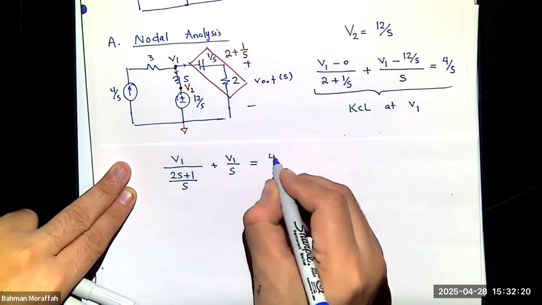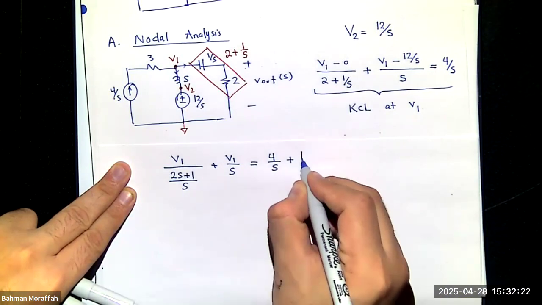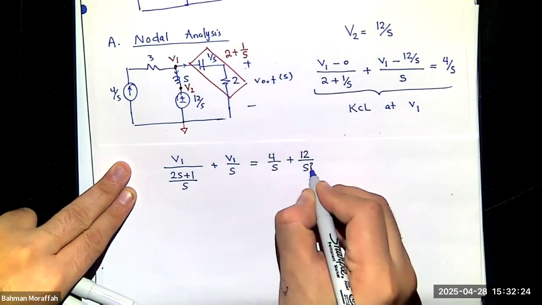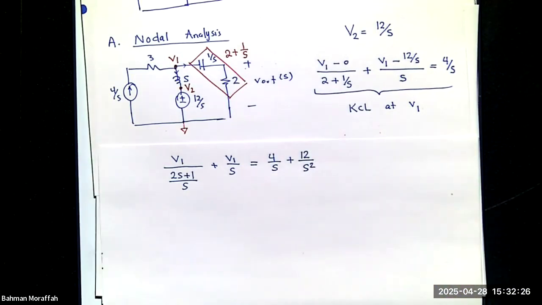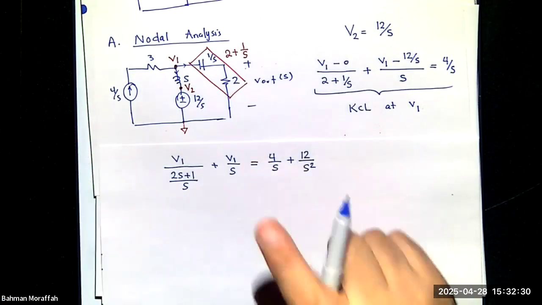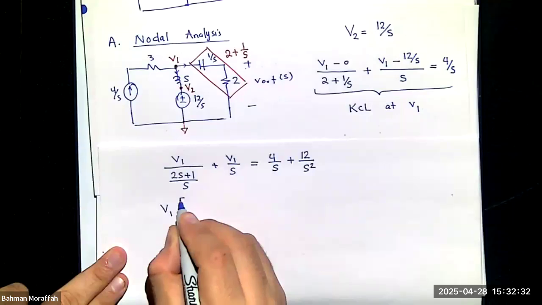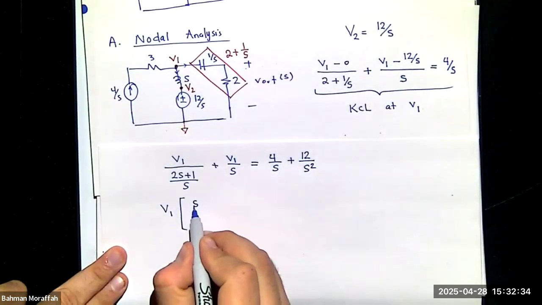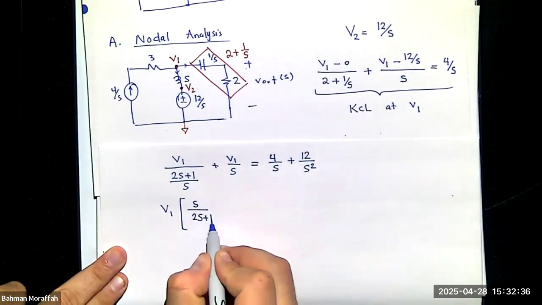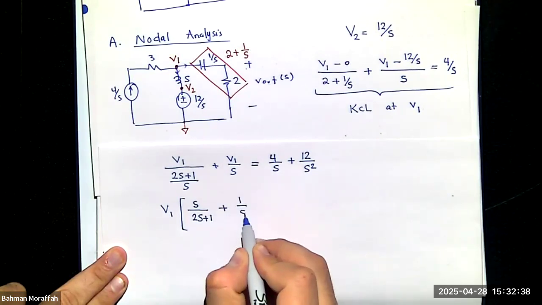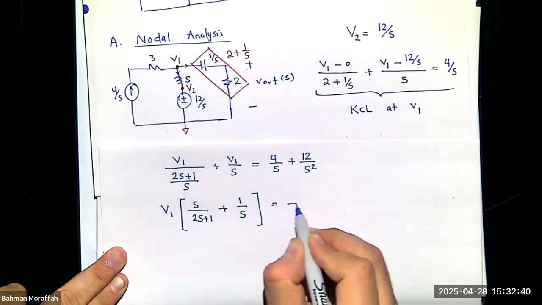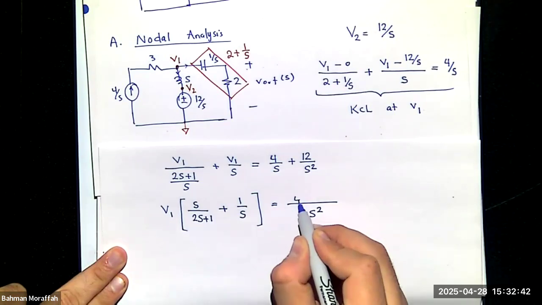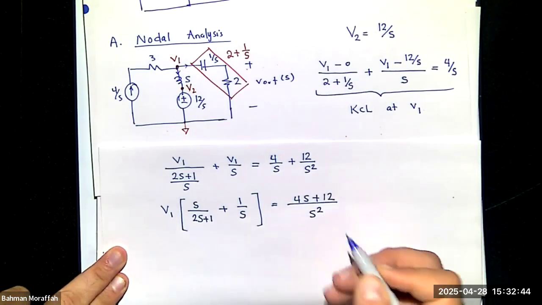So it equals 4 over S plus 2 over S squared. Right? I can factor out this V1 over here. So I have V1 times (S over 2S plus 1, plus 1 over S) equals (4S plus 12) over S squared.